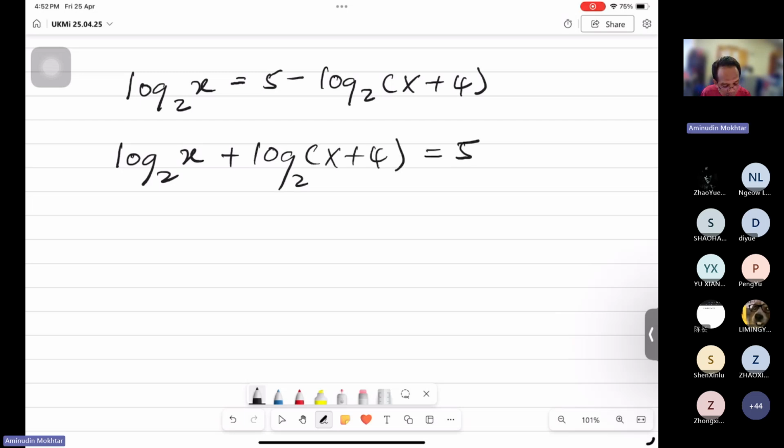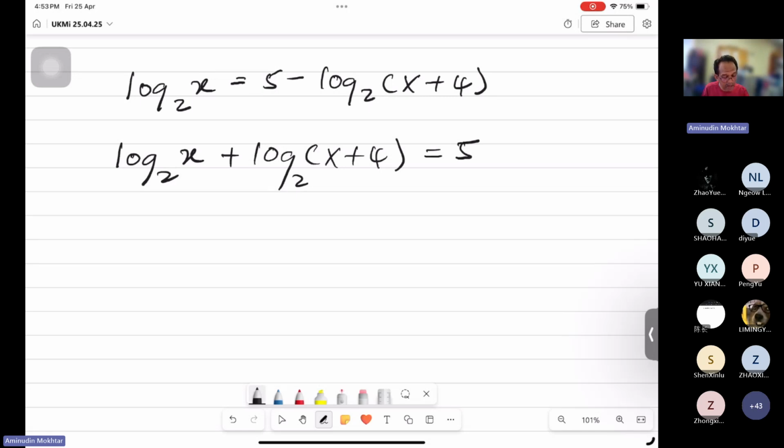Okay, from this we can write like this, based on the properties of log.